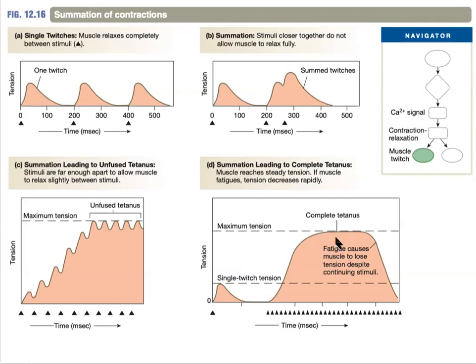Okay, and at the end of this tetanus, we see a decline in muscle tension, and this is due to muscle fatigue. So muscle fatigue happens when the muscle loses tension despite the continuation of the stimulus.